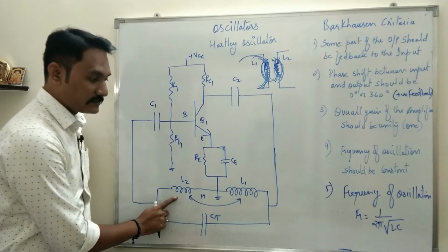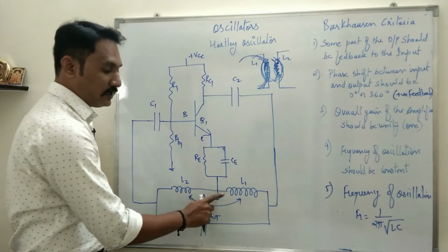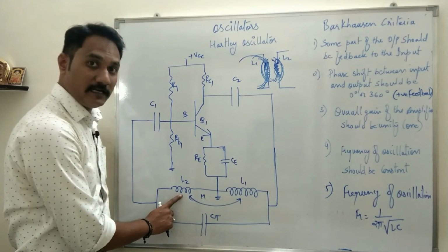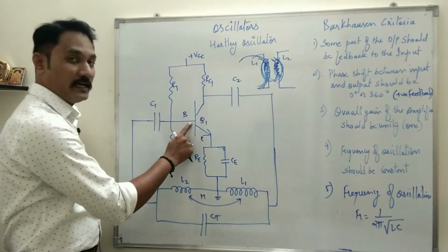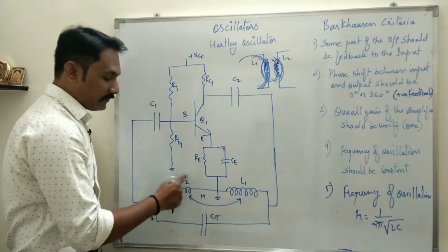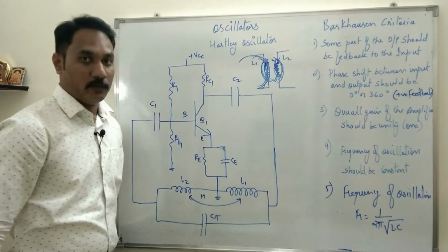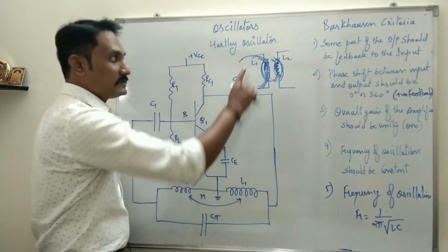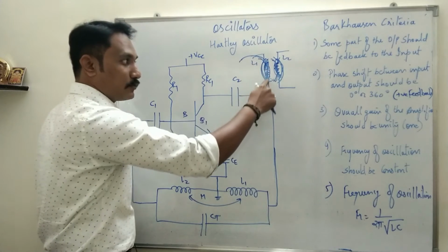If you see the circuit, it is very evident that I have shown the number of turns in L1 is more as compared to the number of turns in L2. What we suggested is only some part of the output should be fed back to the input. That is why we have kept the number of turns in L2 less as compared to L1. So L1 and L2 are mutually coupled. When the capacitor discharges through L1, current will flow through L1 and a magnetic field is produced in L1.